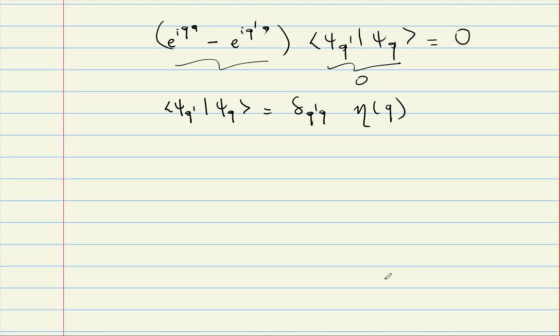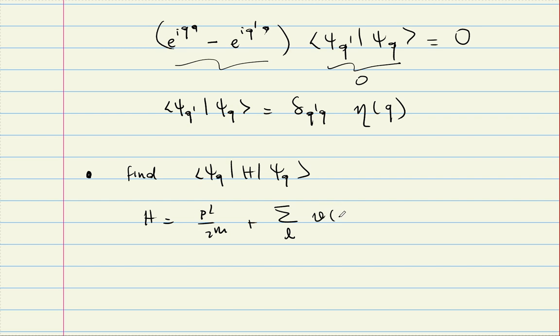Now I want to calculate the expectation value of the Hamiltonian. Find psi q H psi q, and for that I want to write H, which is equal to p squared over 2m plus a sum over all sites L, let me use L notation here, of some local atomic potential, if you want, V of r minus R L, right?